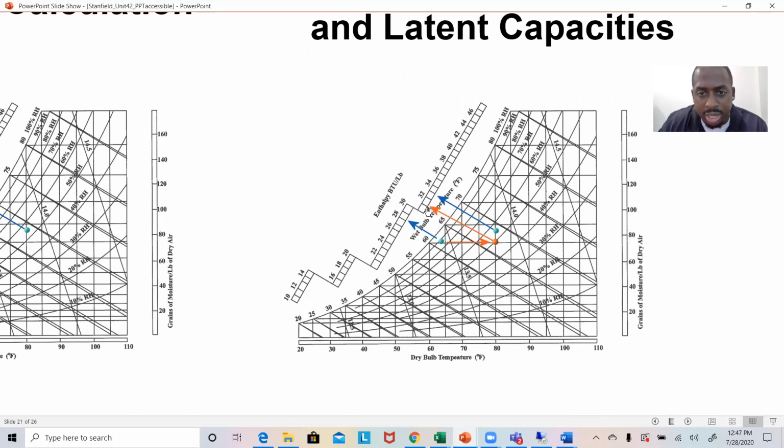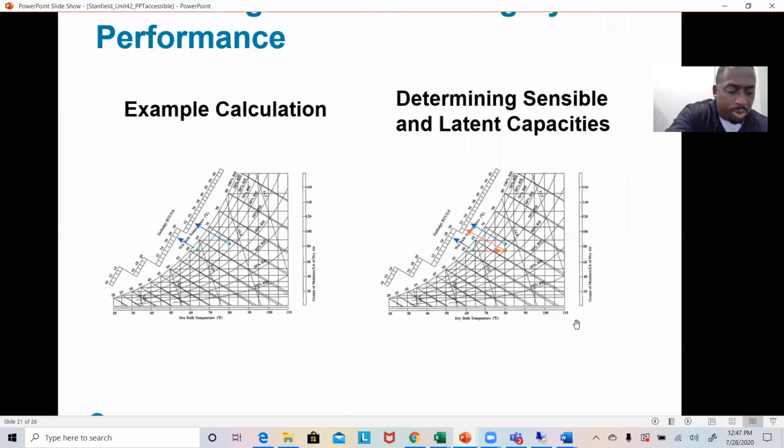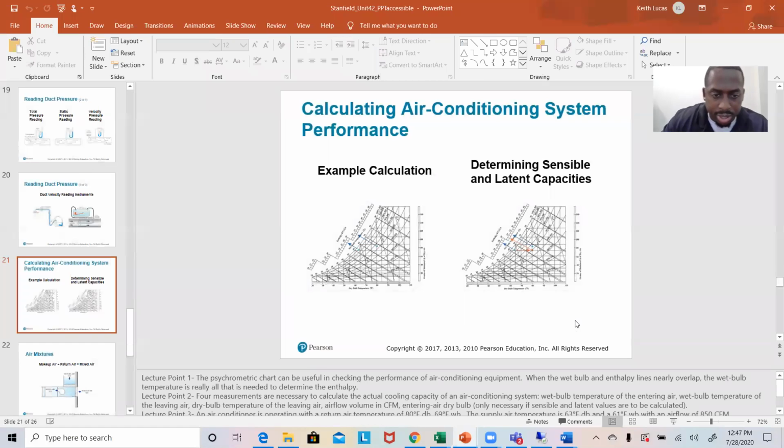Sorry, I was about to say degrees. 31 BTUs right here. So 80 degrees dry bulb, 60 something degrees wet bulb, and we have our enthalpy at 31 right here. Let me go back and see what was on here.